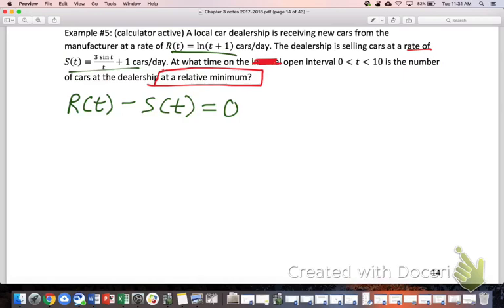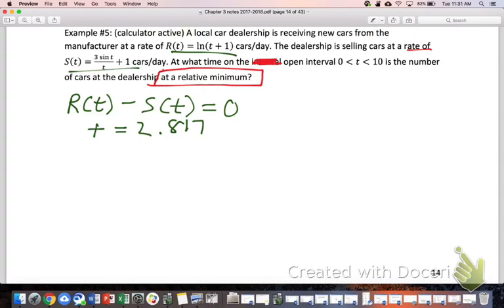It's the same thing. Bottom line is we need to solve this to get a critical number. Okay, so guys, 2.817 is a critical number. In fact, isn't it the only critical number on this interval?